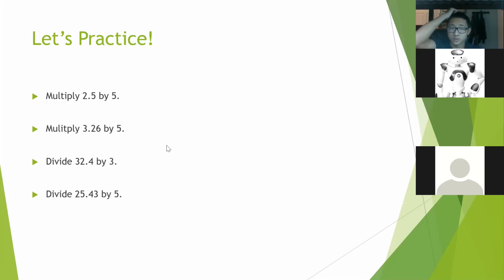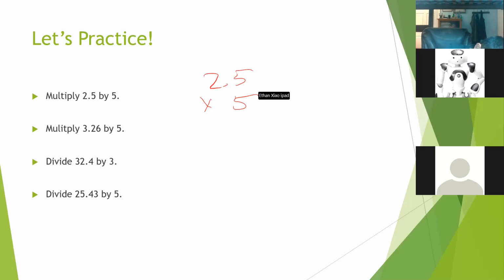A lot of you are done with the first two questions, so I'm going to go over those ones. First, we have multiply 2.5 by 5. So what we do here is we're going to write it like this, 2.5 times 5. We had to take out the decimal, but remember where it is. It has one number behind it. So what we do is we multiply 5 by 5.